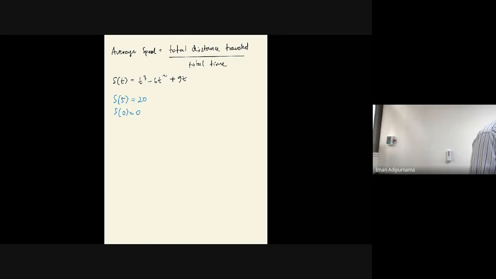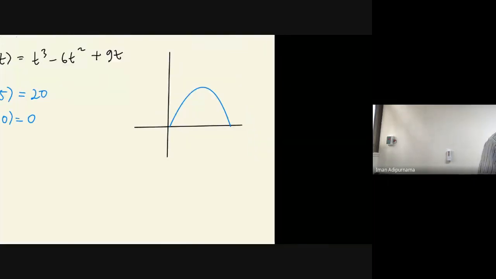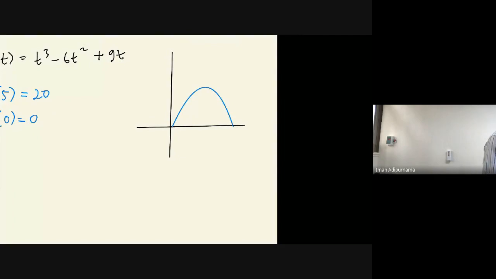Remember that when we have, let me draw just any curve. Maybe just this, easy to see. If this is the graph, this is just an illustration. When it starts at the origin, it goes up, and see the gradient.